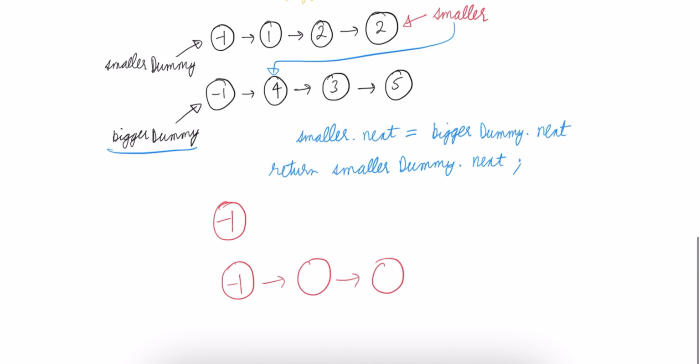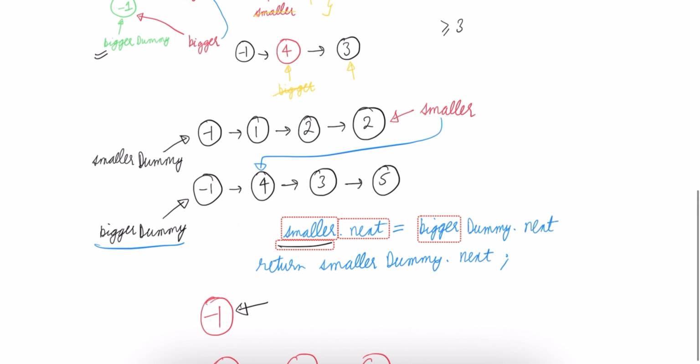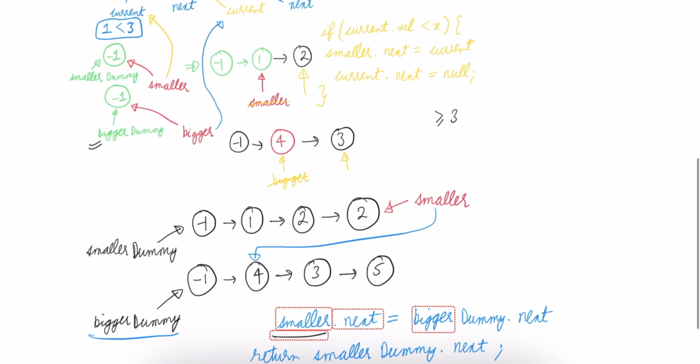So in that case, my smaller will be already pointing here, and I'll be assigning smaller dot next again to bigger dummy dot next here. So that way we don't need to worry about null pointer exceptions because we are using dummy nodes. So this is another question where using dummy nodes is helpful. So this code covers all the edge cases, and yeah, let's dive into the code implementation to understand this better.